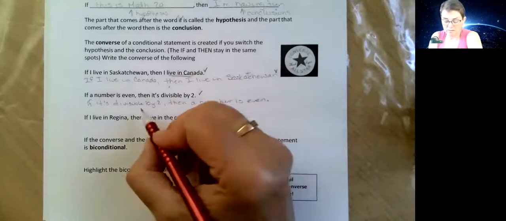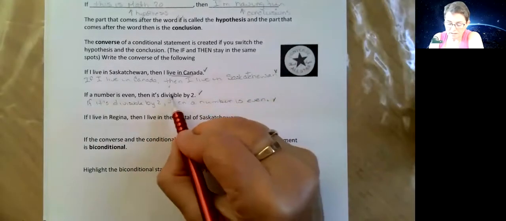If a number is even, it's divisible by 2, or if the number is divisible by 2, then it's even. So in that case, the original conditional statement and the converse were both right.